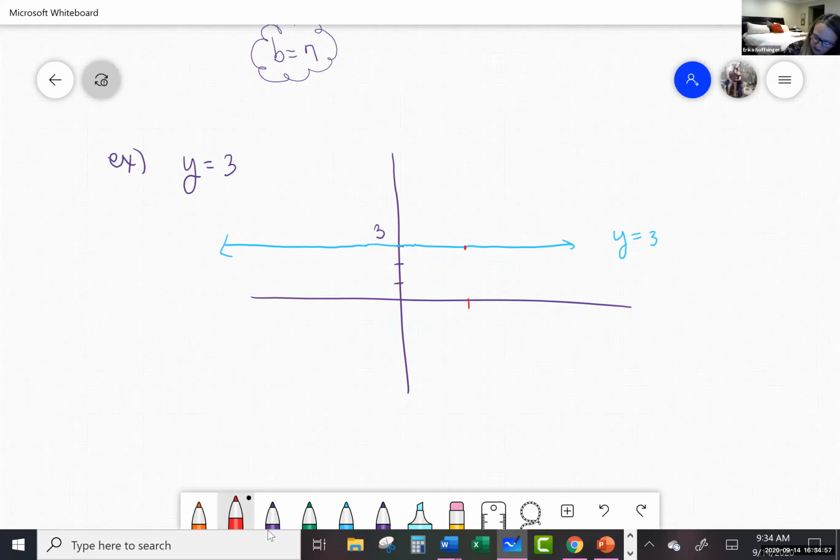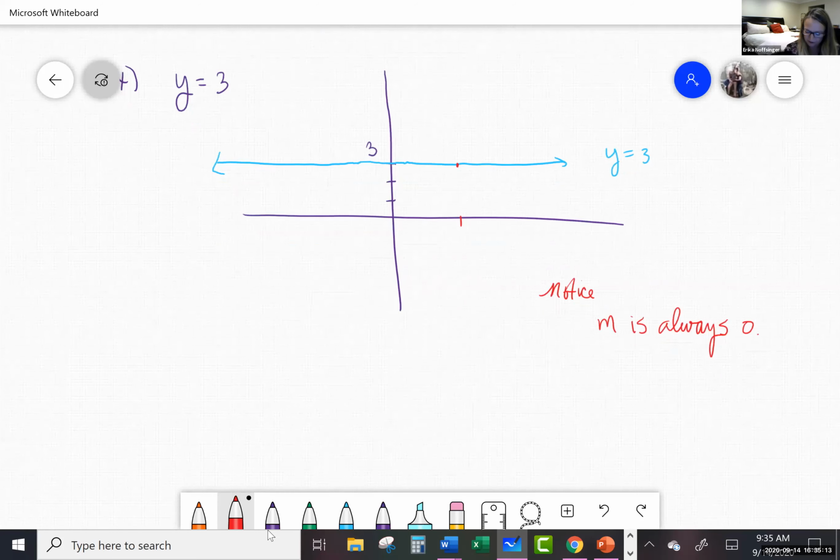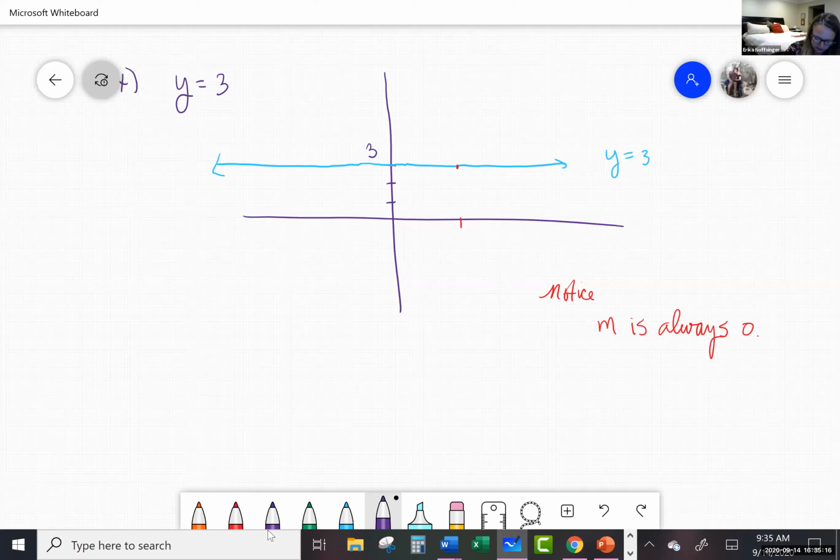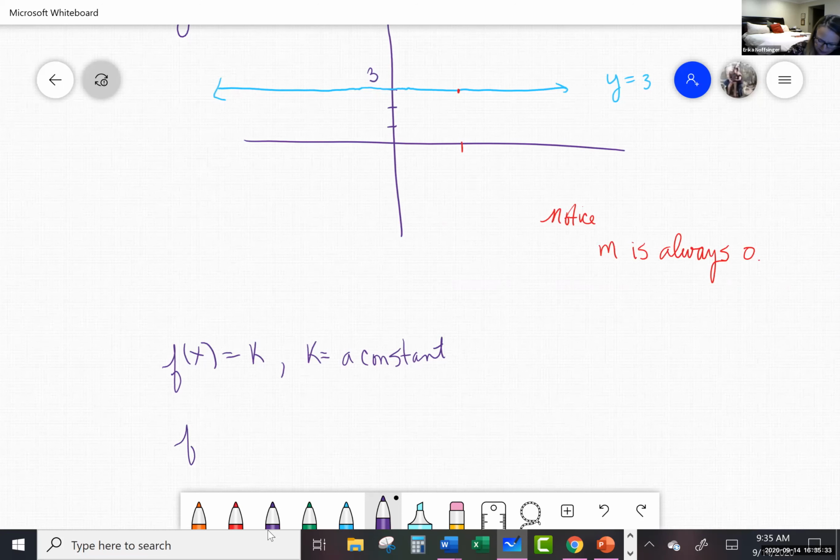So notice the slope is always 0 on the line. So if you're looking at the derivative of a constant, so if you have some function, f of x equals some constant k, and you take the derivative of that, f prime of x is going to equal 0.